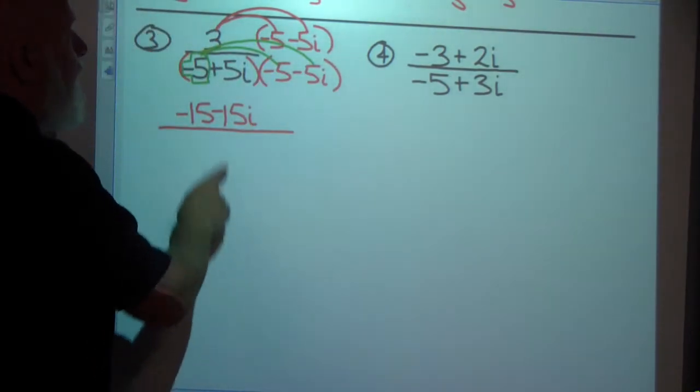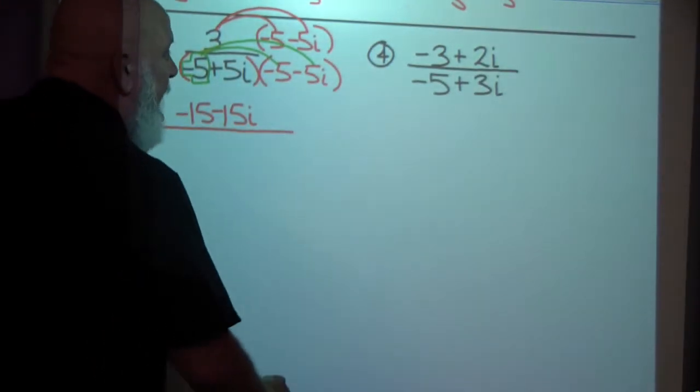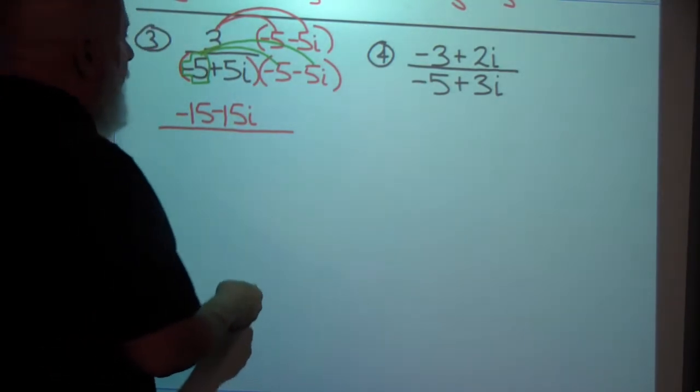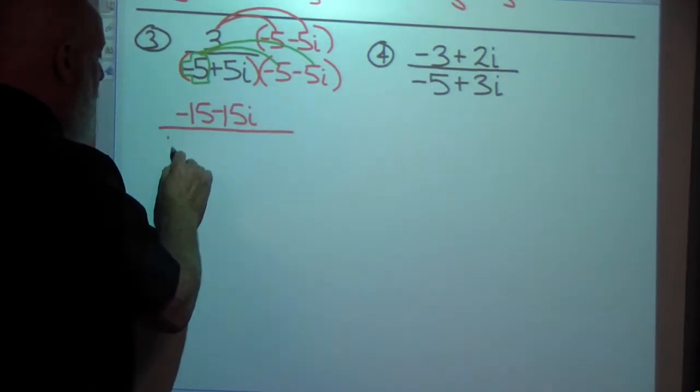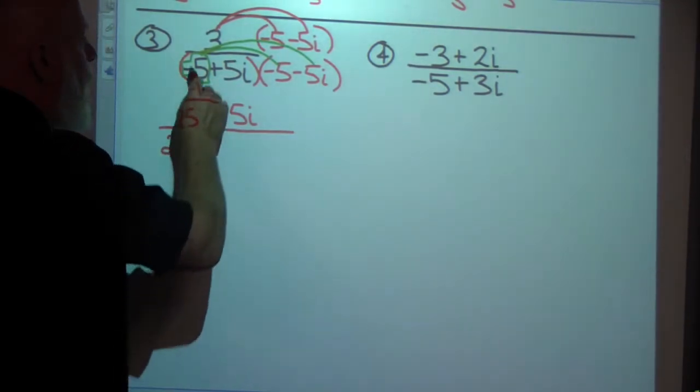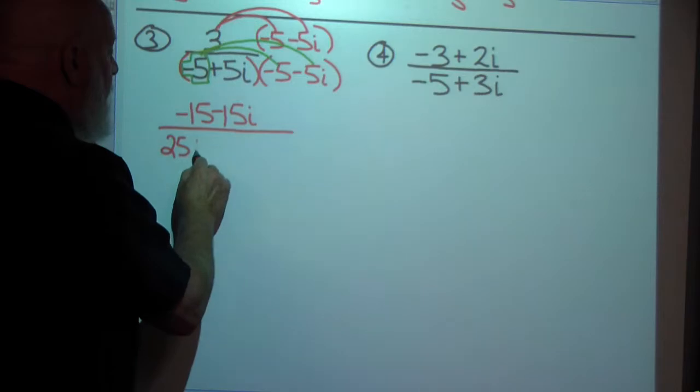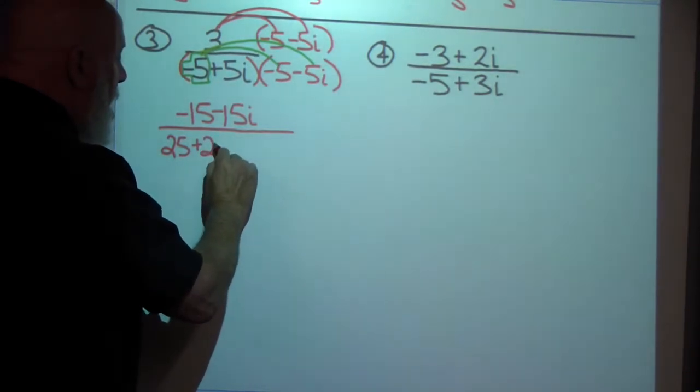Okay. And actually, this is a difference of 2 squares. We'll get into that in more detail later. Right now, we're just going to go ahead and FOIL. Negative 5 times negative 5 is positive 25. Negative 5 times negative 5I is positive 25I.